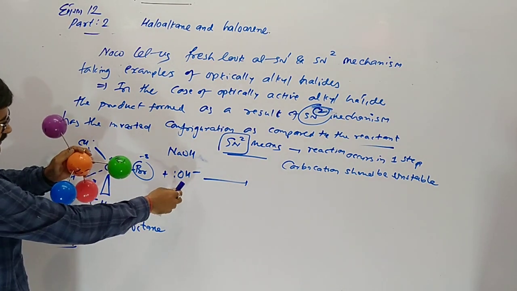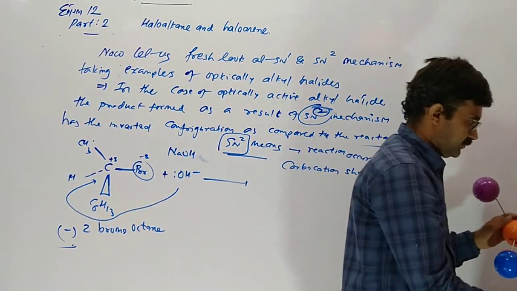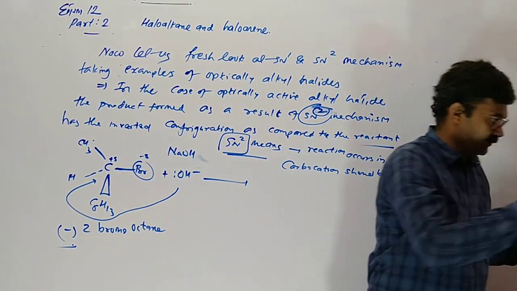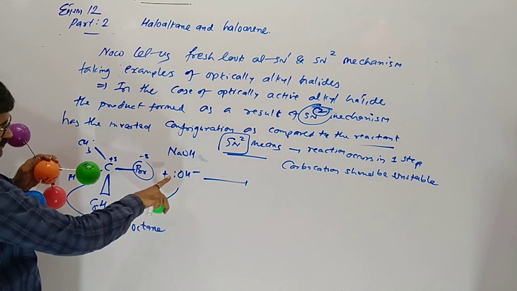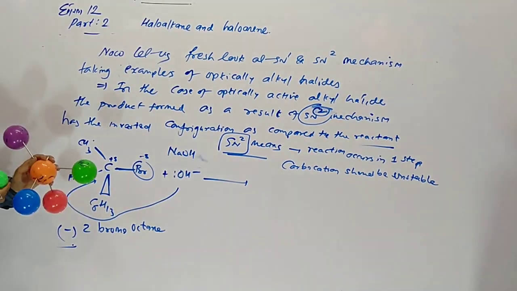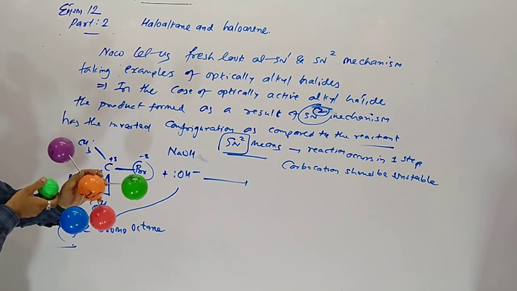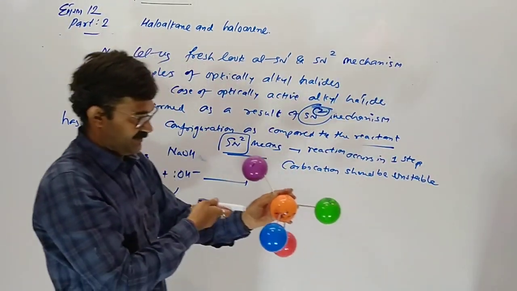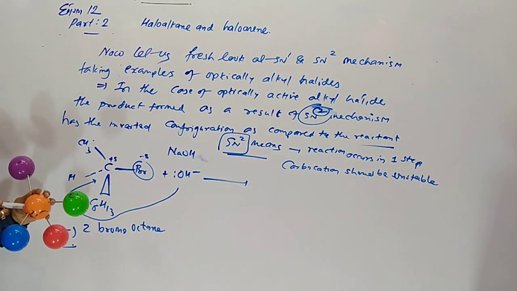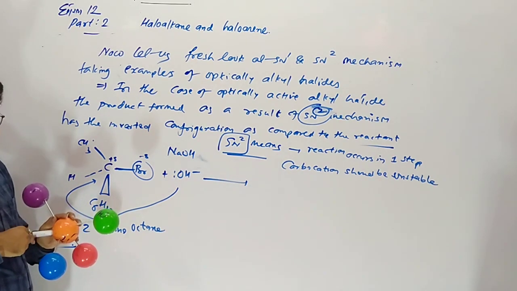The OH group is coming here to remove the bromine leaving group, but OH comes from the opposite side, in the presence of bromine.